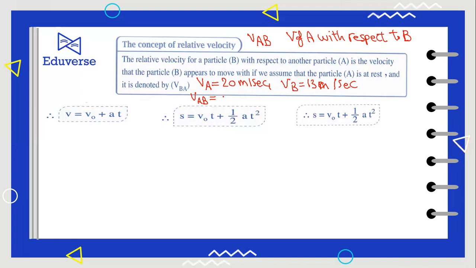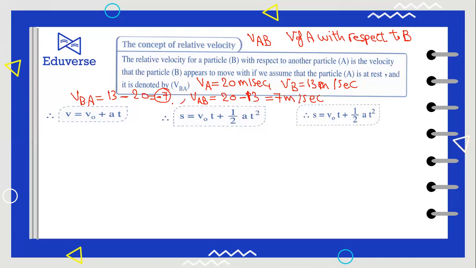Then 20 minus 13 equals 7 meter per second. That's the relative velocity, the velocity of A with respect to B. If I want the velocity of B with respect to A, then I will subtract the velocity of B minus the velocity of A. It will be -7. It's negative because body B is slower than body A.